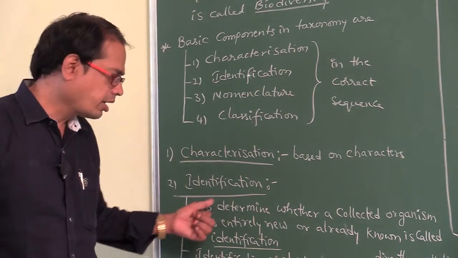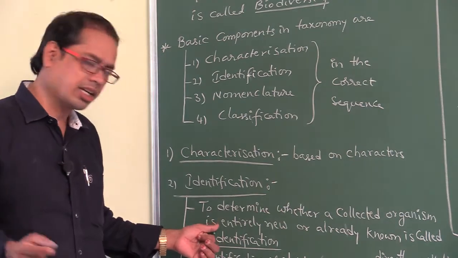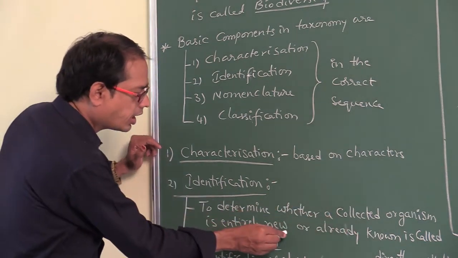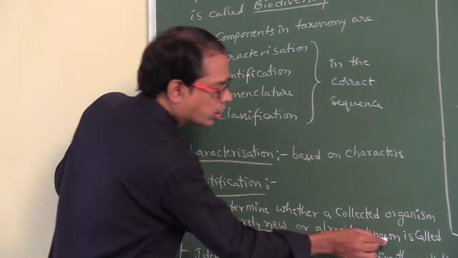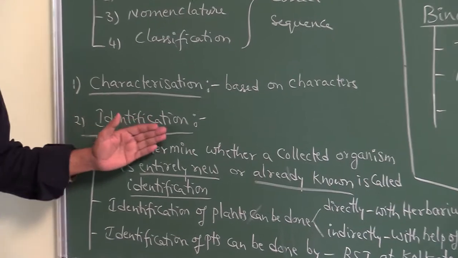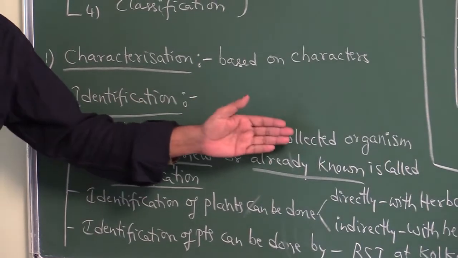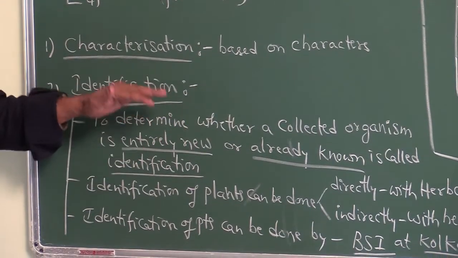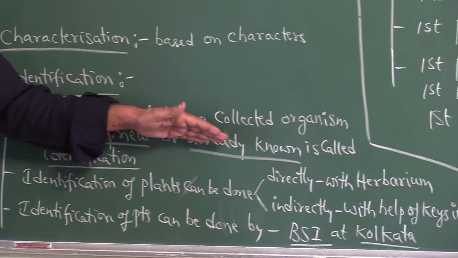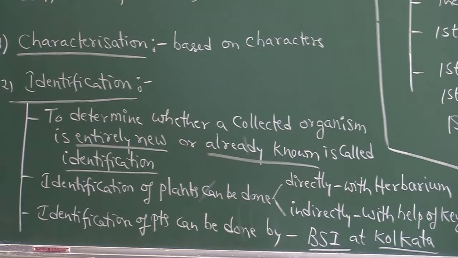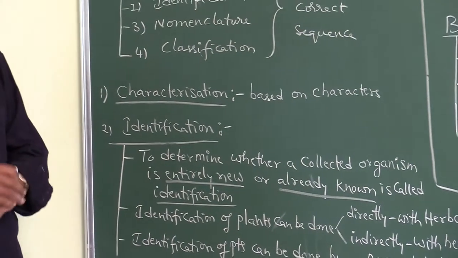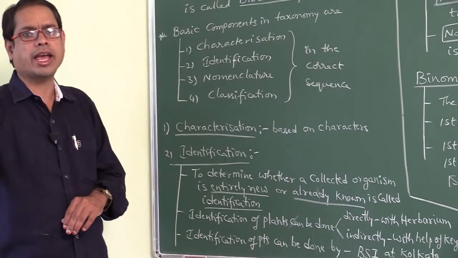To determine whether a collected organism is entirely new or already known is called identification. It may be a plant or an animal.